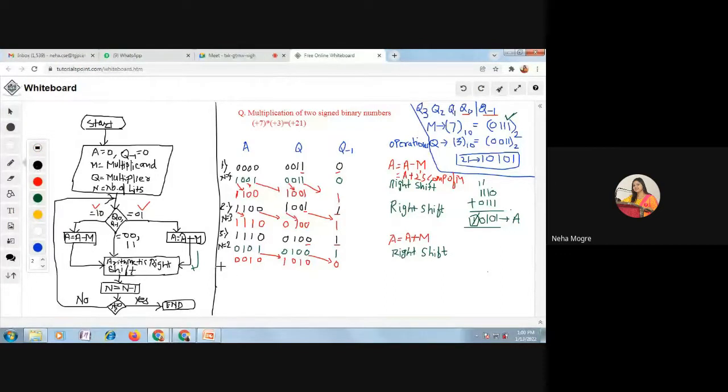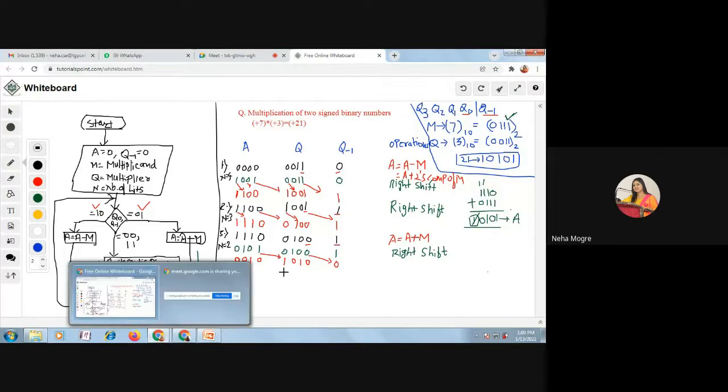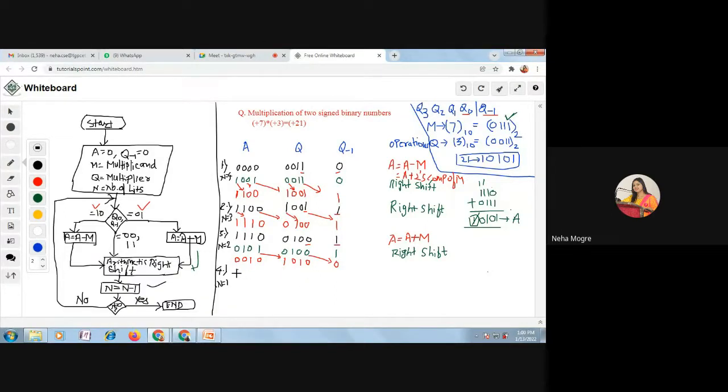Now our fourth step, where n equals 1, because we have to decrement it. After performing the right shift, we have to go for the decrement also. Place the value as it is, that is 0 0 1 0, then 1 0 1 0, and 0.